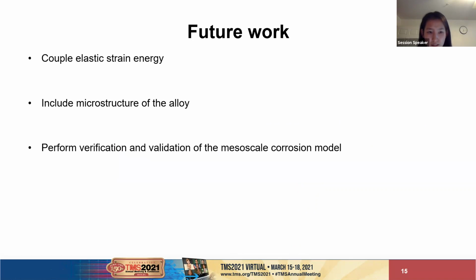Now, in the future, we need to couple the elastic strain energy to the phase field, because according to some literature, the grain boundaries that are perpendicular to the interfaces will have some strains caused by the oxide growth.